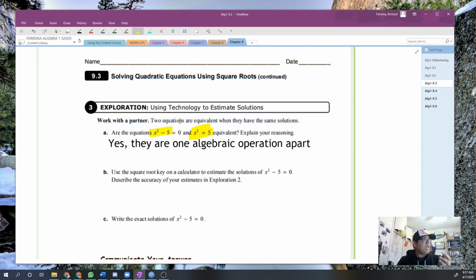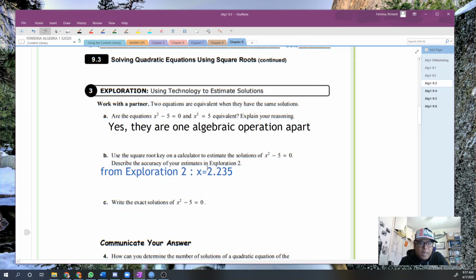Use the square root key on a calculator to estimate the solutions. That's kind of what we did in Exploration 2. So from Exploration 2, we have that x would be about equal to 2.235. Okay, what is the exact solution? Well, this means you're going to plug it into your calculator. Once you solve this, let's add 5 to both sides.